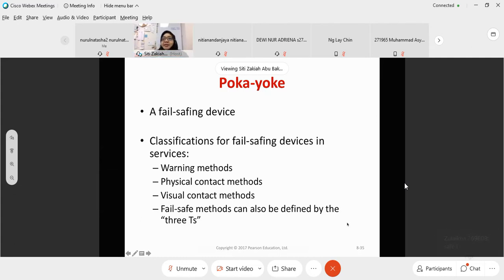No, e-wallet is just safe. No, this is like a device that makes sure that you don't go wrong. Okay? Make sure that you don't go wrong.